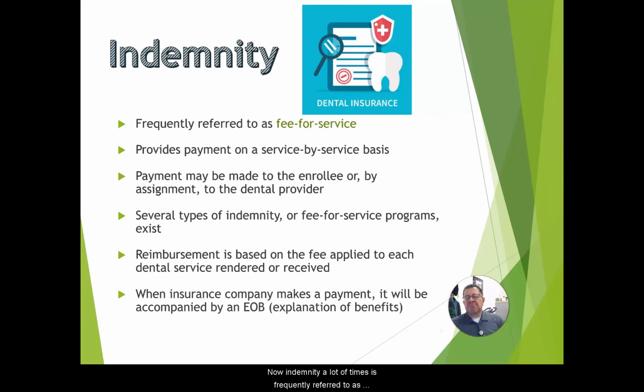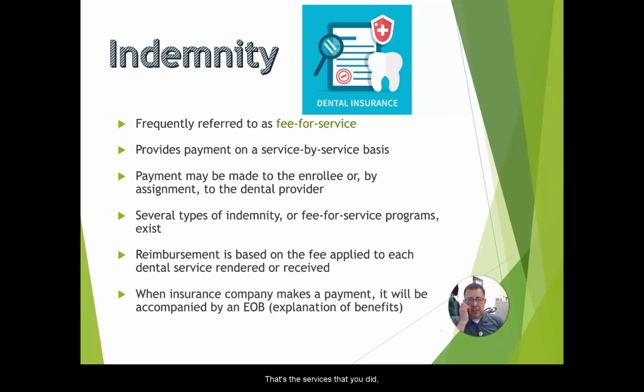Now, indemnity, a lot of times, is frequently referred to as fee for service. Okay, this is the PPO. Now, it provides payment on a service by service basis. So you do an SRP on one quadrant, you bill for it, you get paid for SRP on that quadrant.